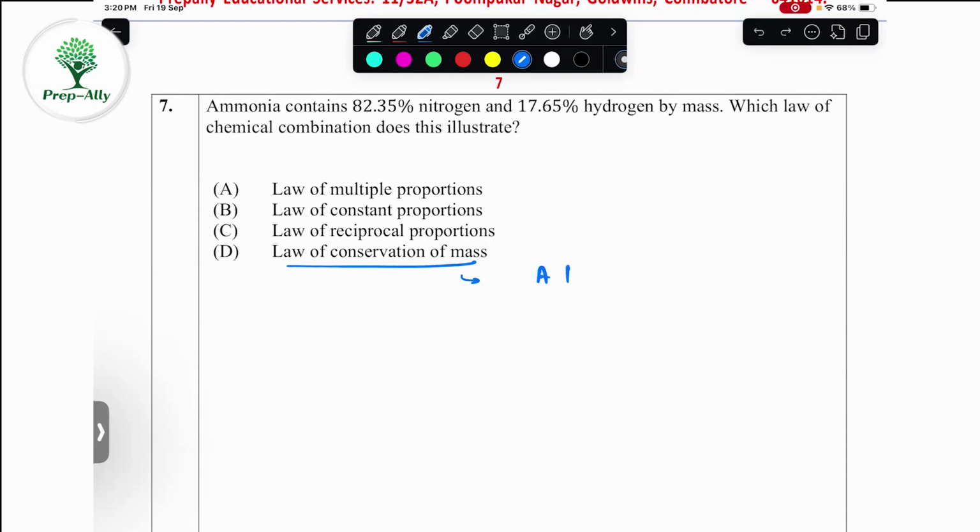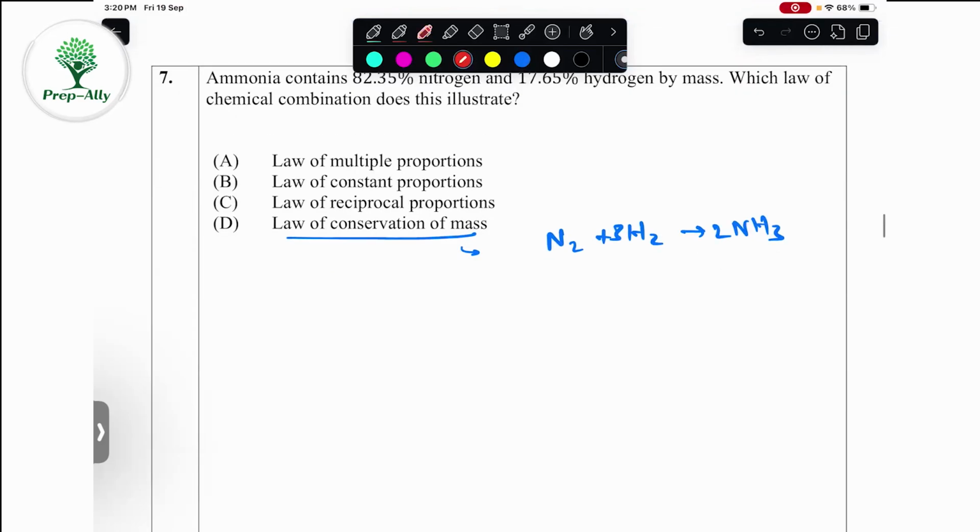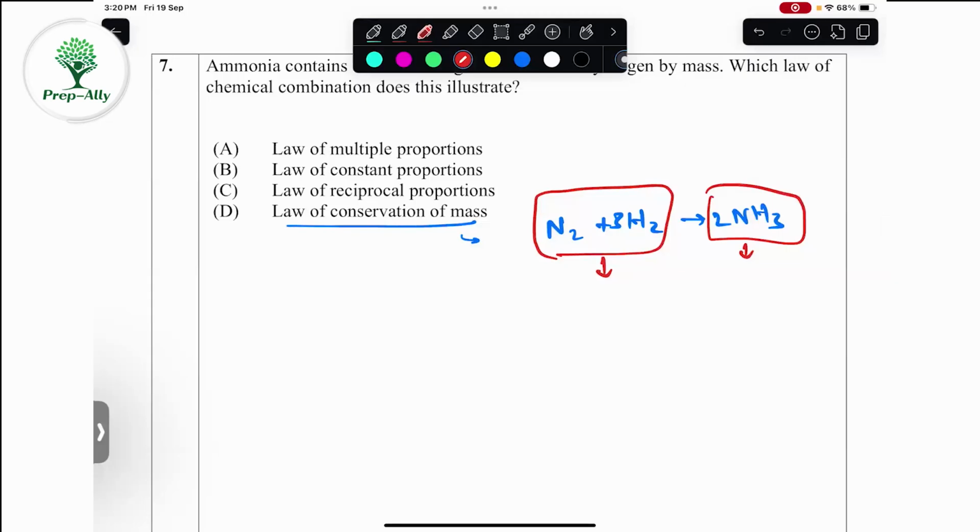Let's say I have nitrogen and hydrogen reacting to form NH3. So 3 moles of this and 2 moles of this. If I measure the total weight here and this total weight, they are going to be equal. So I can say in this reaction, the mass is conserved. There is no change in mass.